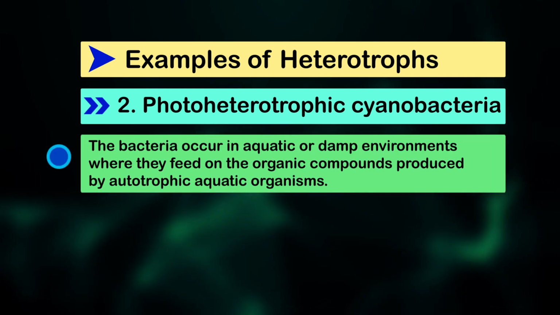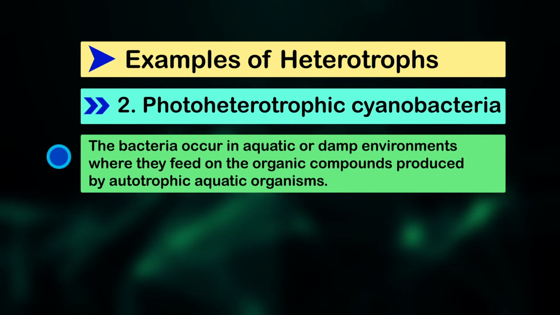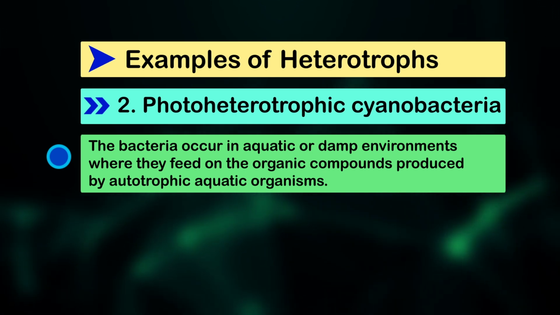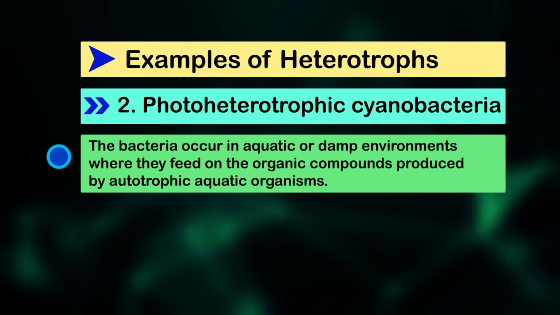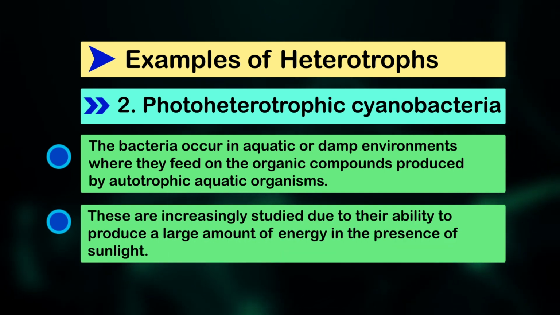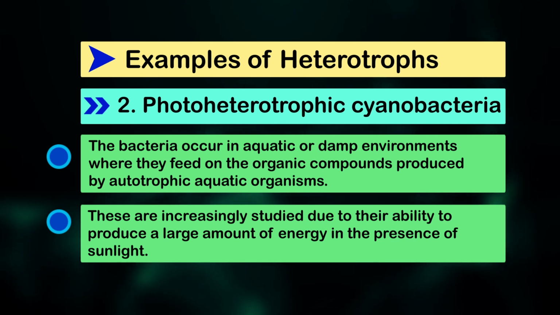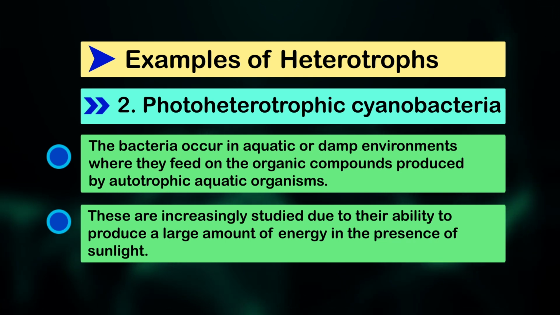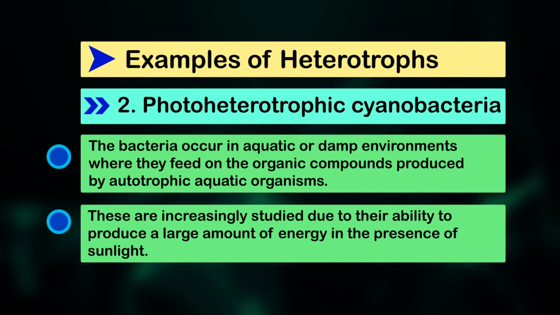They occur in aquatic or damp environments where they feed on the organic compounds produced by autotrophic aquatic organisms. These are increasingly studied due to their ability to produce large amounts of energy by taking help of solar light, or basically the sunlight.